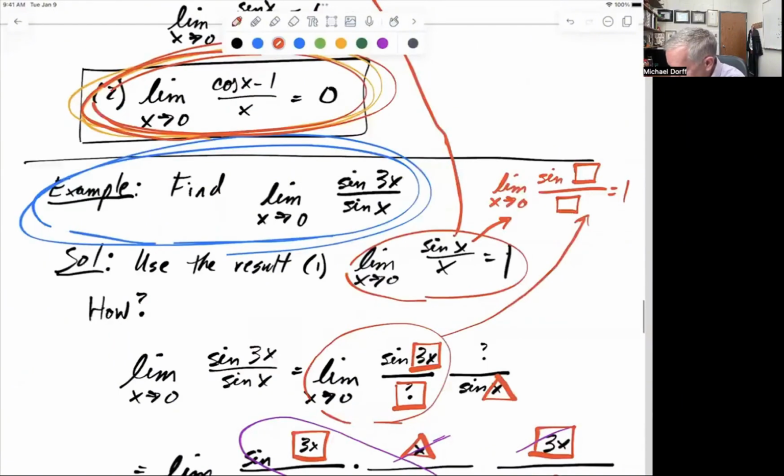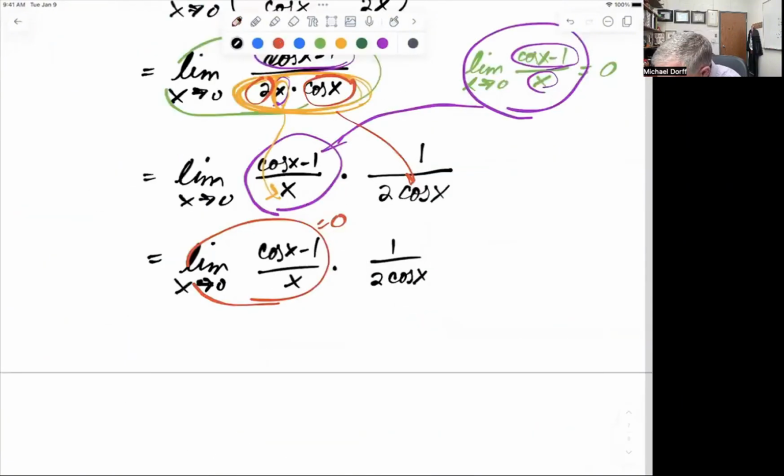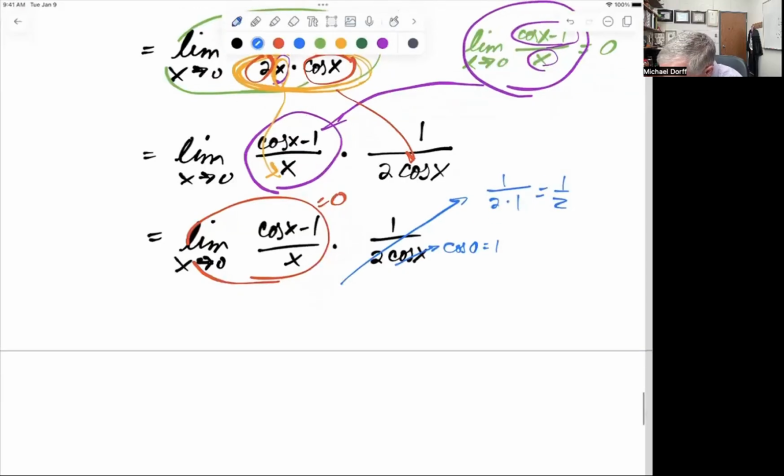That gives me 0. What do I get for the second one? The limit as x goes to 0, if I do direct substitution, is the cosine of 0, which is 1. So I get 1 over 2 times 1, or 1/2 here. And so in essence, I got 0 times 1/2, which is 0, and that's my answer.